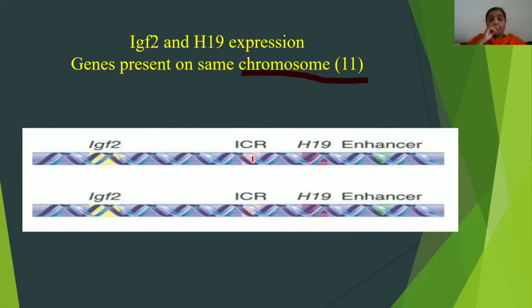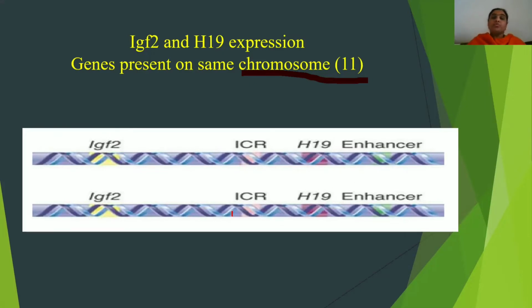So for imprinting, for a gene to be differentially expressed in a specific manner, what is required? There is a requirement of methylation and a requirement of insulators.